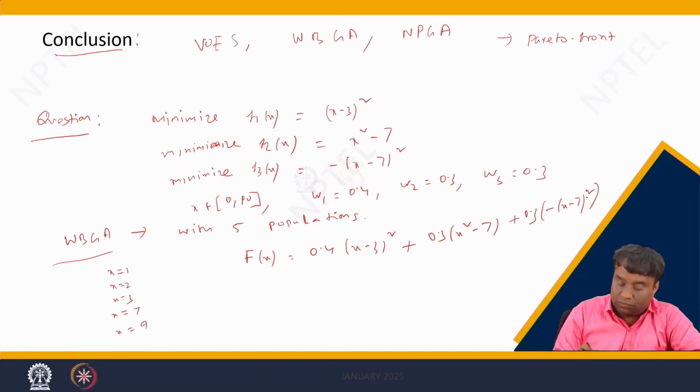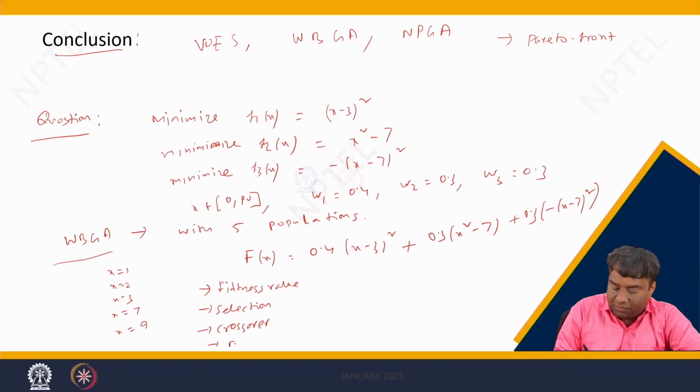Now, with this single objective, calculate the fitness values, then do the selection, then do some crossover, and you can do a little bit of mutation.